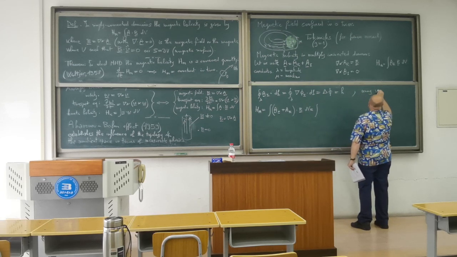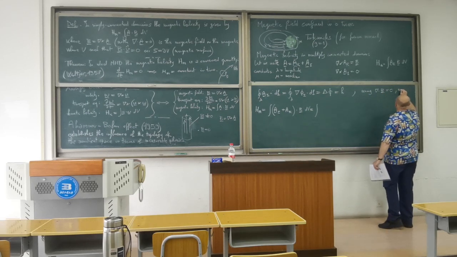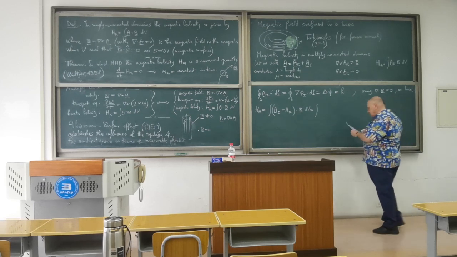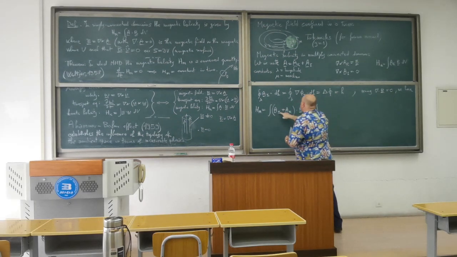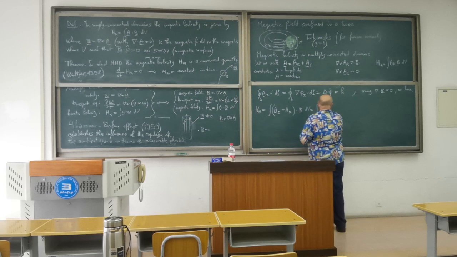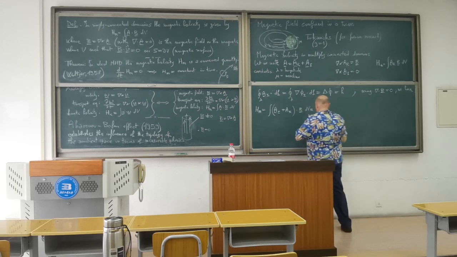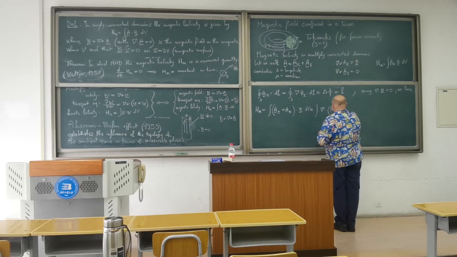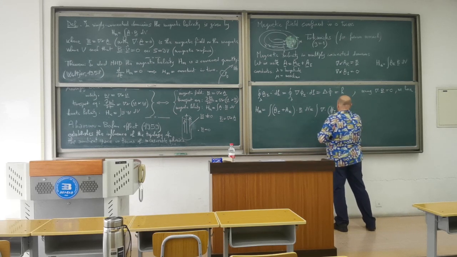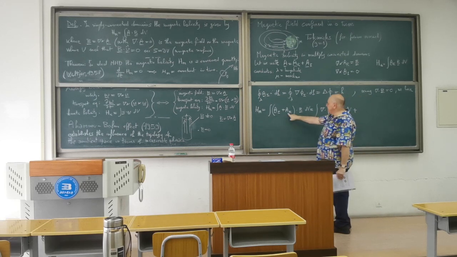Using div B equals 0, and substituting A_I with this gradient, in place of A_I we have the divergence of phi_I times B, in dV, plus the other term, A_R.